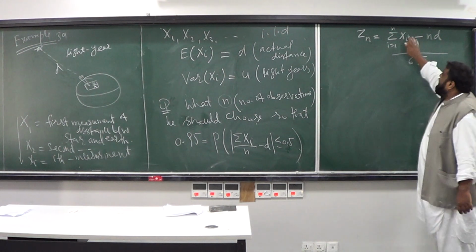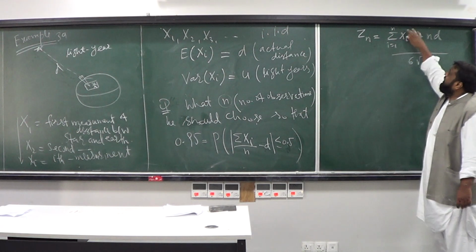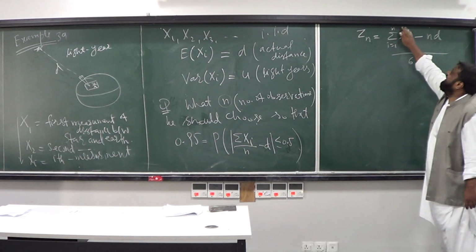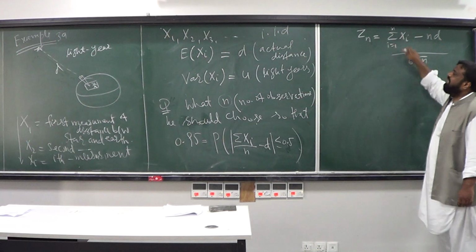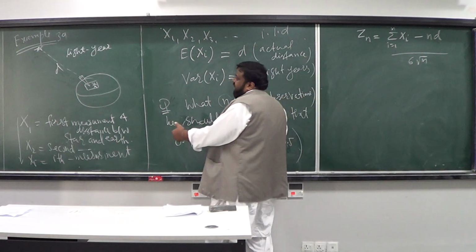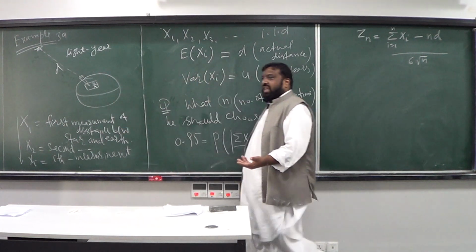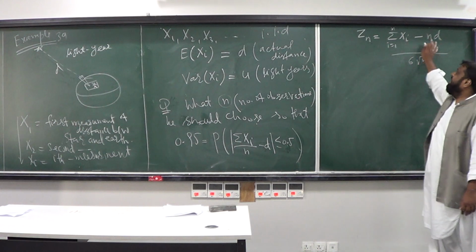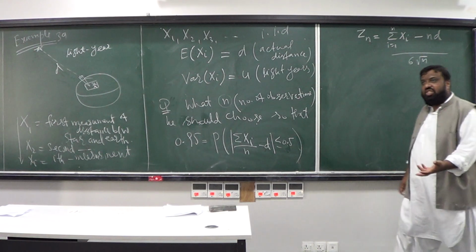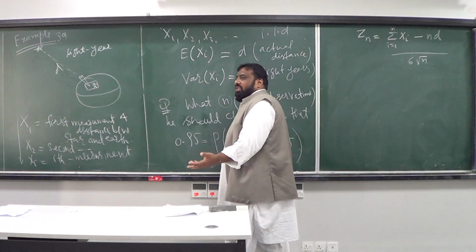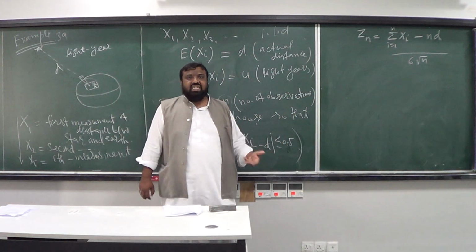So Zn is a standardized sum of the distances that this astronomer has observed. And we know by the central limit theorem that this converges to the standard normal distribution as n gets bigger and bigger.